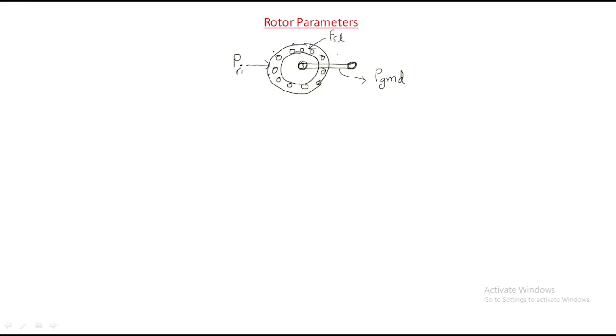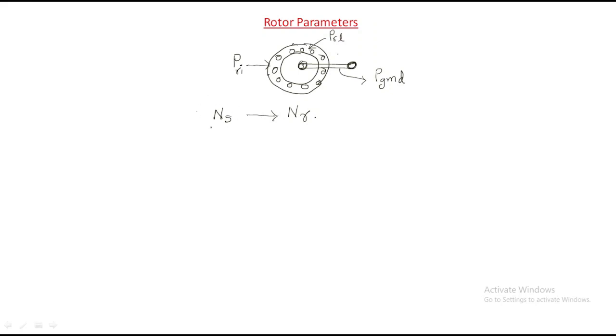Generally our rotor input is given in terms of flux. Some flux is entering the rotor at synchronous speed. Our intention is to rotate the rotor at synchronous speed, but due to some factors the rotor will rotate only at NR, the rotor speed.